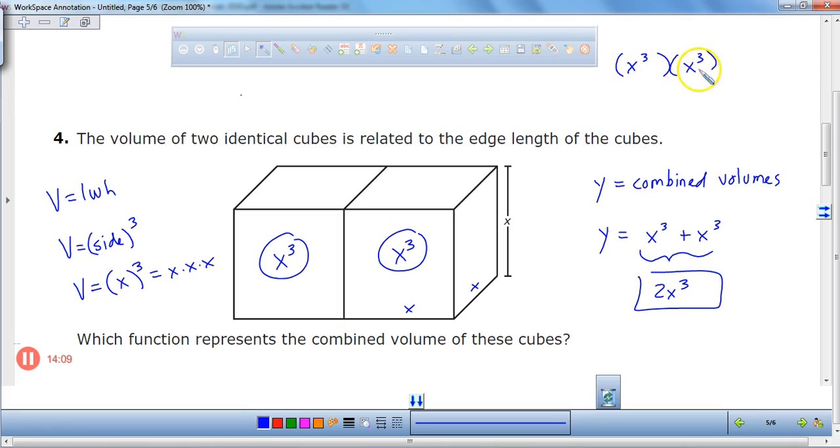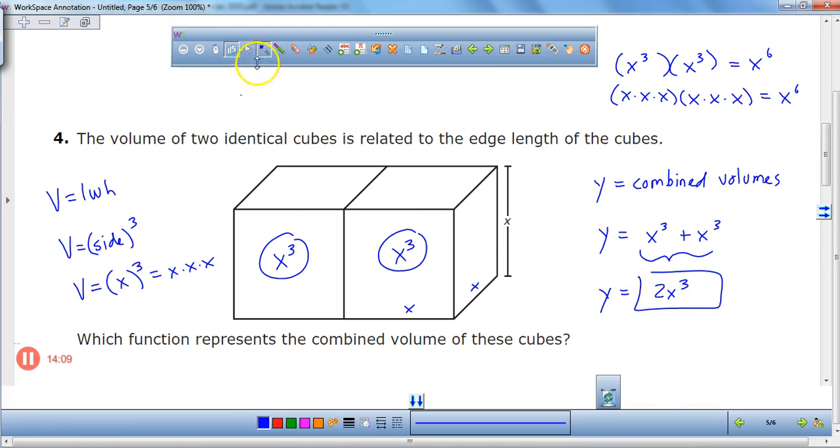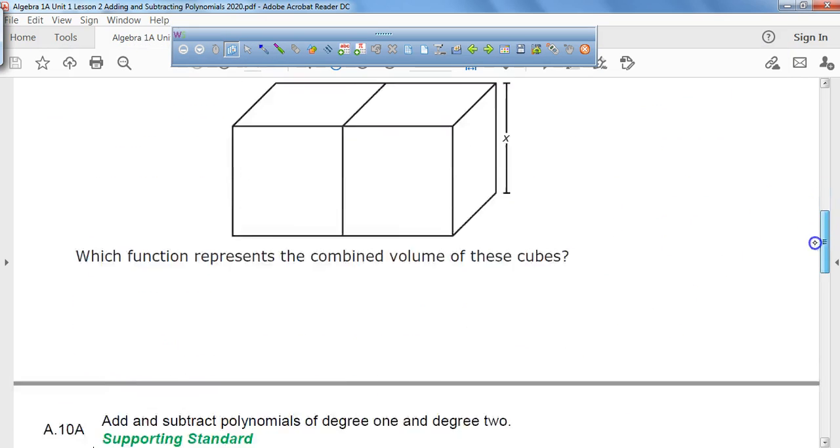If I said x cubed times x cubed, that's a total of x to the power of 6, because this means x times x times x, and this means x times x times x. So you have a total of x raised to the power of 6, because that's how many times you're multiplying it together. But our answer is 2x cubed. So you say y equals 2x cubed. All right, moving down.